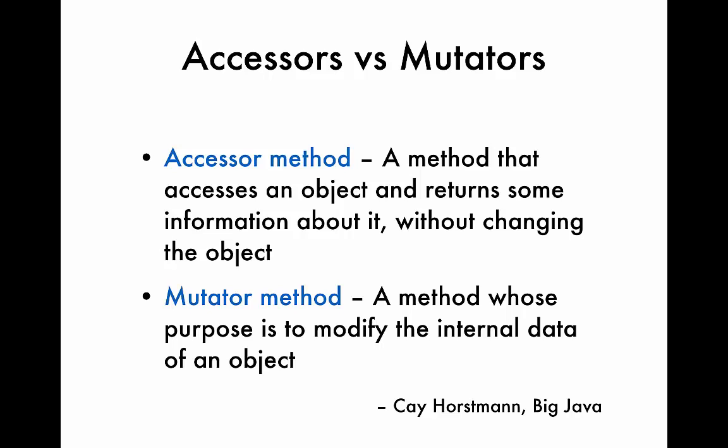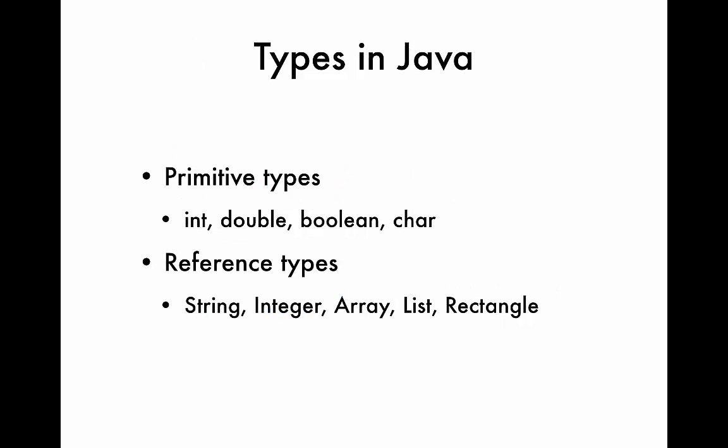In this usage, a getter method is a kind of accessor method, but an accessor method does not have to be a getter method. Likewise, a setter method is a kind of mutator method, but a mutator does not have to be a setter. This distinction between accessor methods and mutator methods is an important one.